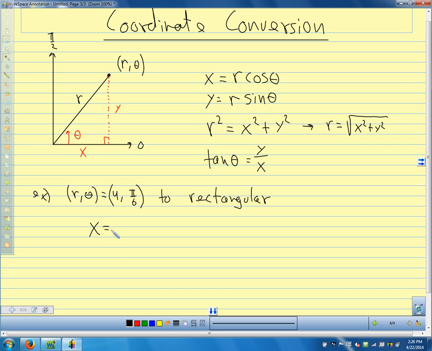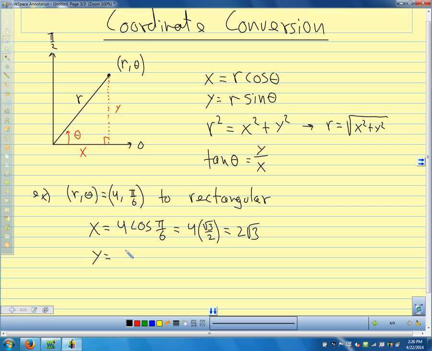So x is going to be 4 cosine pi over 6. 4 times cosine pi over 6, do we remember? Pi over 6, unit circle angle. Square root of 3 over 2. So this is going to be 2 square root 3.